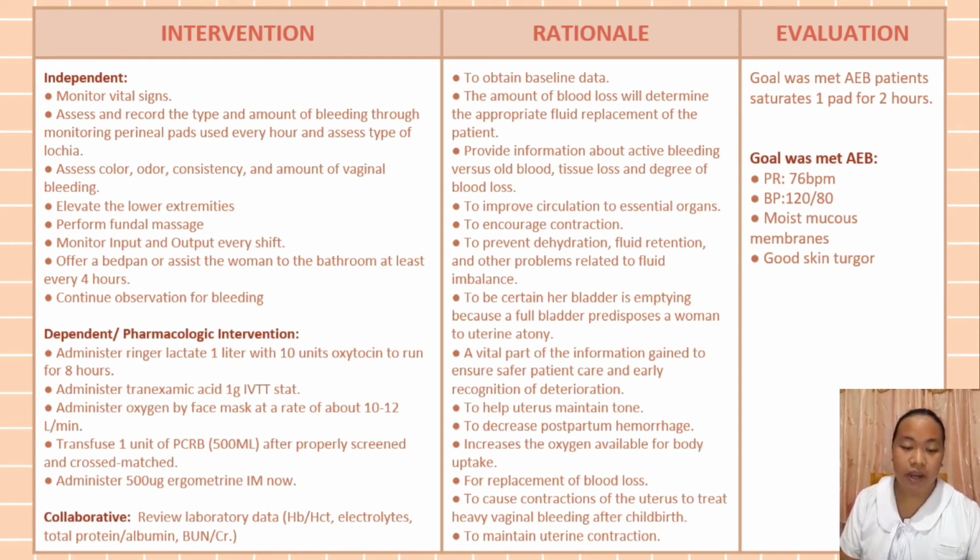So here, independent pharmacological intervention. So administer Ringer lactate 1 liter with 10 units of oxytocin to run for 8 hours, together with administer tranexamic acid 1 gram intravenous through tubing immediately, and administering 500 microgram of ergometrine intramuscular.